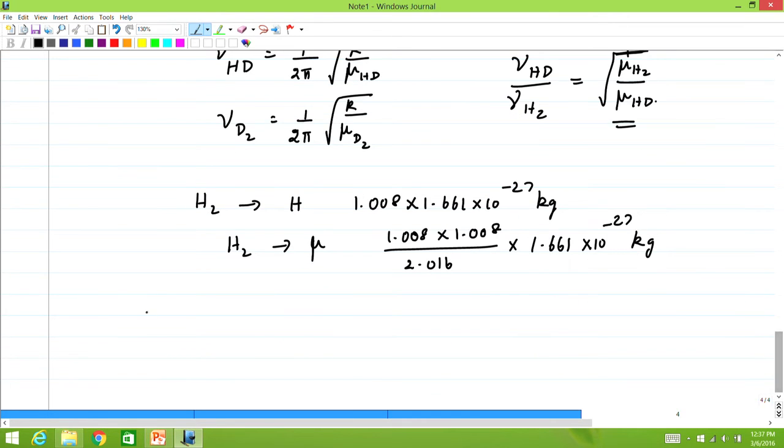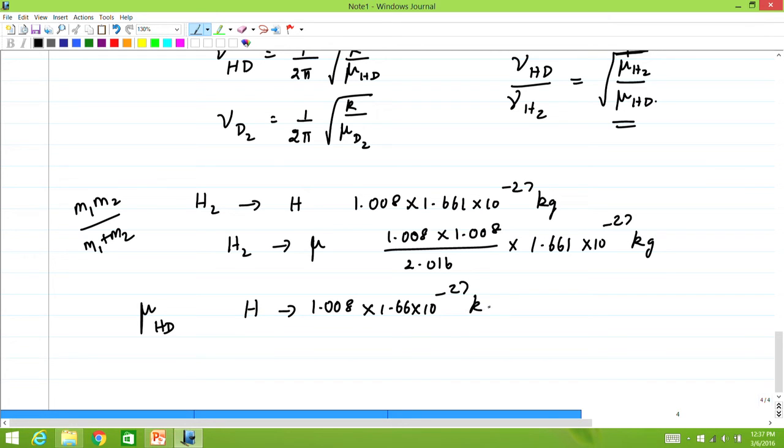And likewise, for the mu of HD, please remember the relation is m1 m2 by m1 plus m2. So, for mu of HD, the D is, I believe, 2.014. So H is 1.008 times 1.661 times 10 to the minus 27 kilograms, and the D is 2.014 times 1.661 times 10 to the minus 27 kilograms.